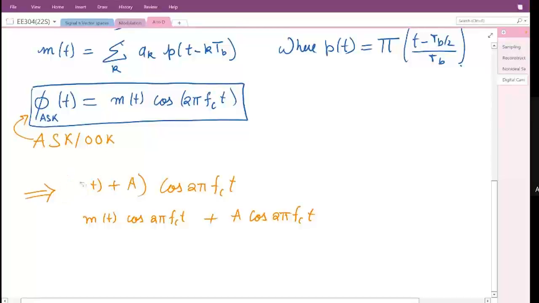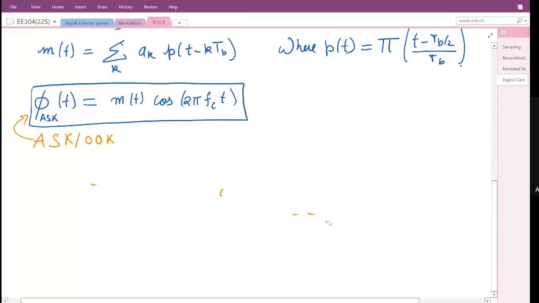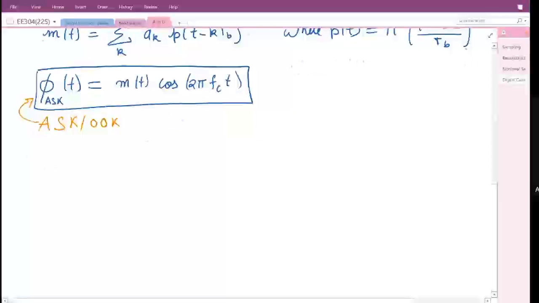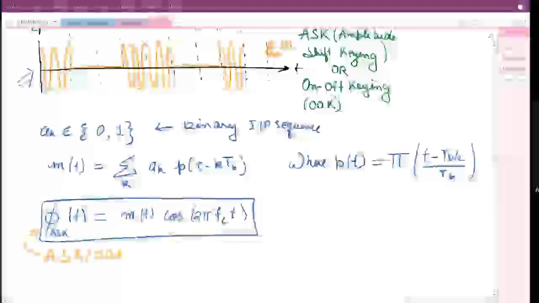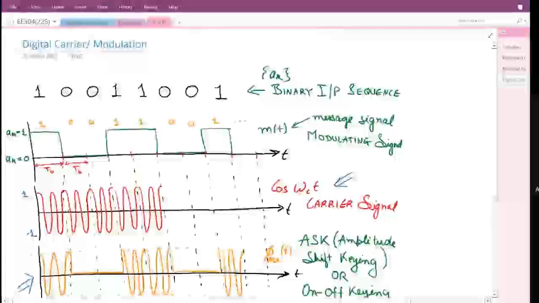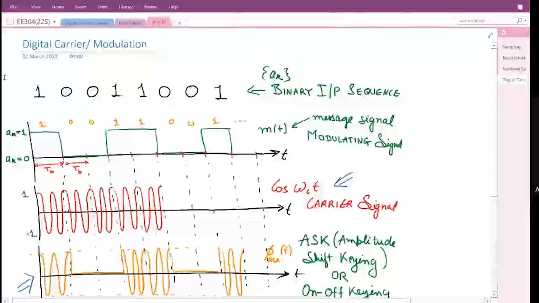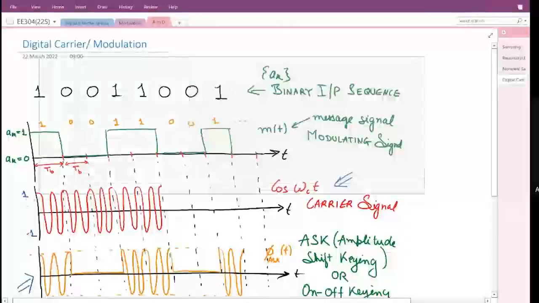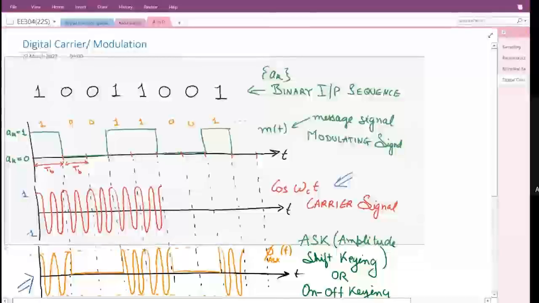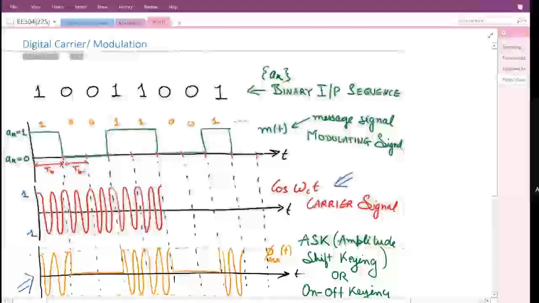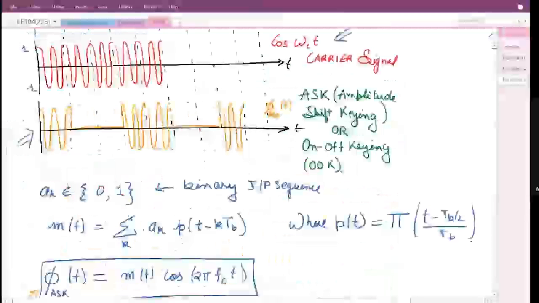Okay, so moving ahead, if I now again see the same signal, and if I have to obtain the phase modulated signal, I will just borrow this figure again. So if I have to obtain the phase modulated signal, what should happen?